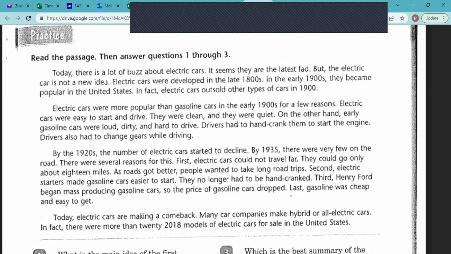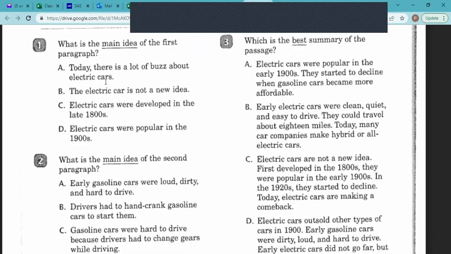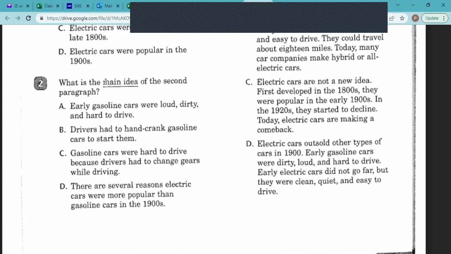So right there. Okay. Number 2, what is the main idea of the second paragraph? Is it A, early gasoline cars were loud, dirty, and hard to drive? B, drivers had to hand crank gasoline cars to start them.